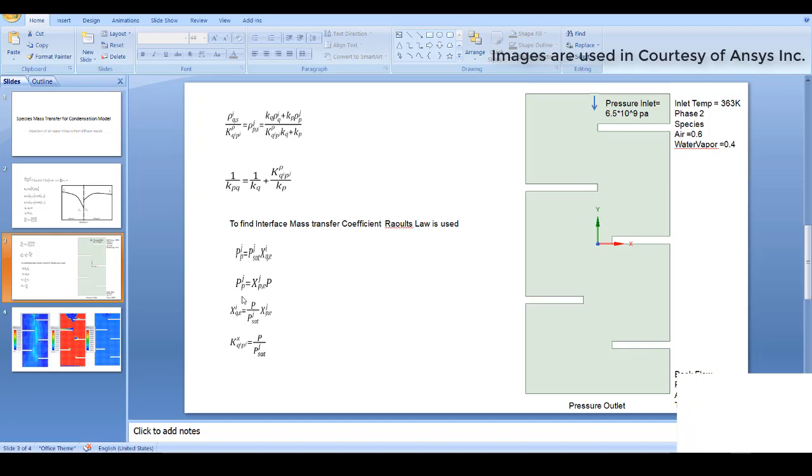Similarly, from Dalton's law, we can state that partial pressure is equal to the mole fraction of the gas times the total pressure. So here it is the mole fraction of the liquid that is converting into the vapor, and here it is the mole fraction of the already present gas times the total pressure. By correlating these two, we get the equilibrium ratio, which is equal to P by P_sat of j.